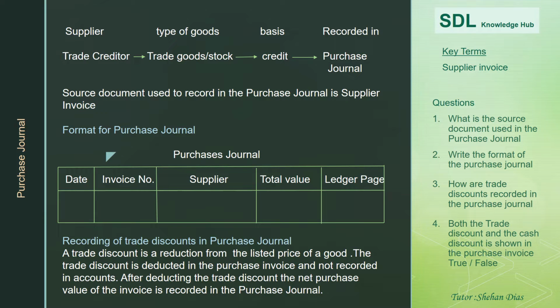So you need to deduct the discount and only the net value will be recorded in the purchase journal. In the invoice of the supplier, both cash discounts, if there is any, and the trade discount will be shown. So trade discount should be deducted and the net value will be recorded in the purchase journal.